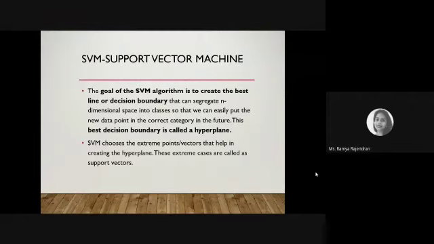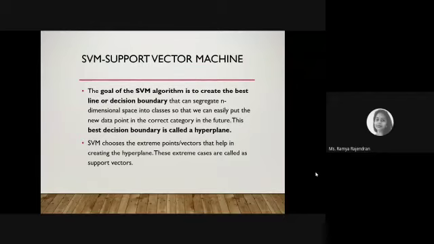Okay, so here the major motivation of the SVM algorithm is to create a hyperplane, a decision boundary, you can call that, or a best line, where you are able to segregate your data, or classify your data, into different groups, different categories.